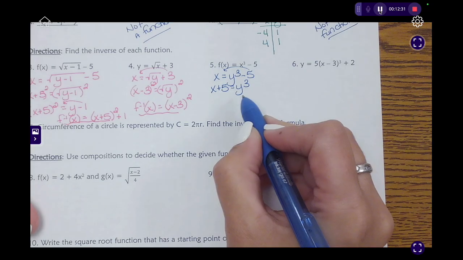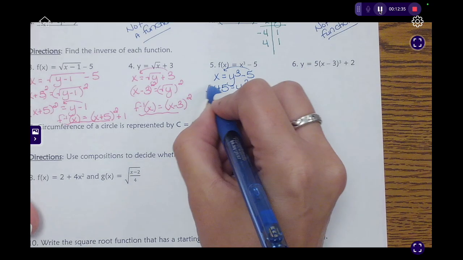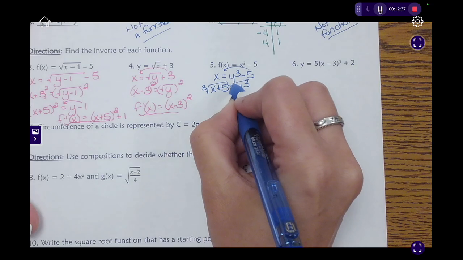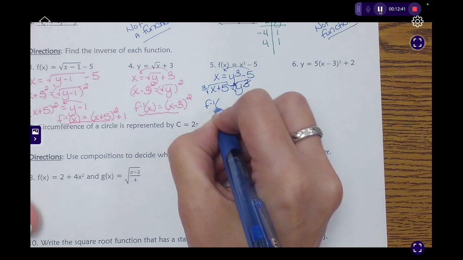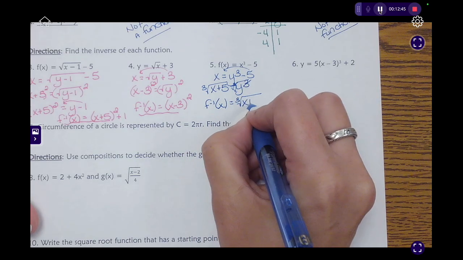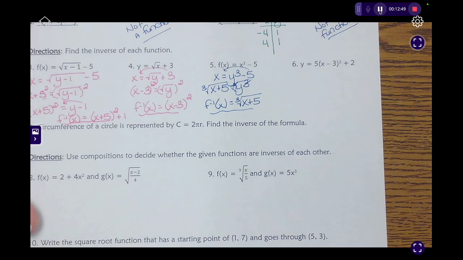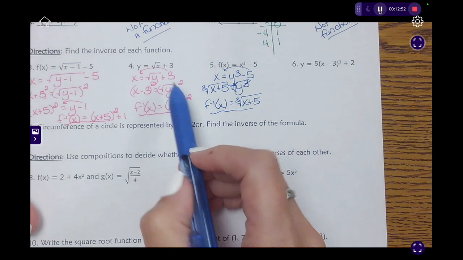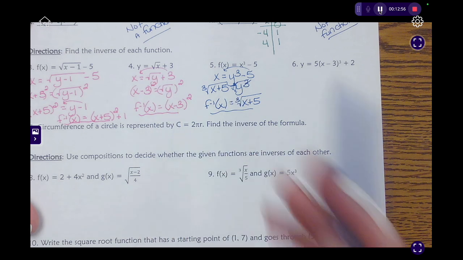And then if I want to continue getting this inverse, remember the opposite of cubing something is to cube root it. So when I do that, that cancels out. So my inverse notation is going to be the cubed root of x plus 5. And that's how I would write the inverse. Okay. So a little bit different from the square root. Just make sure you know the difference between the square root and the cubed root.